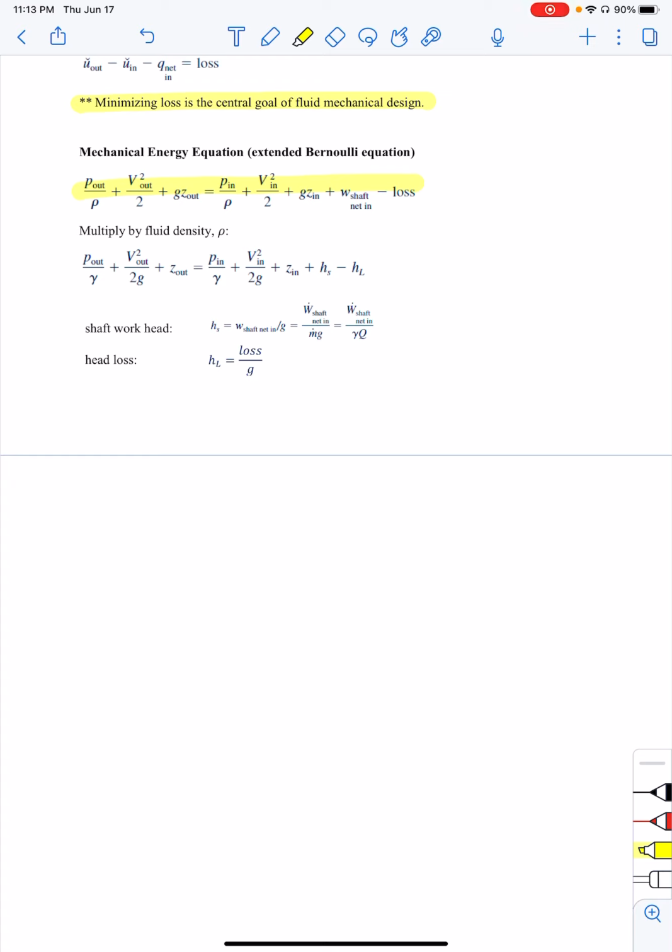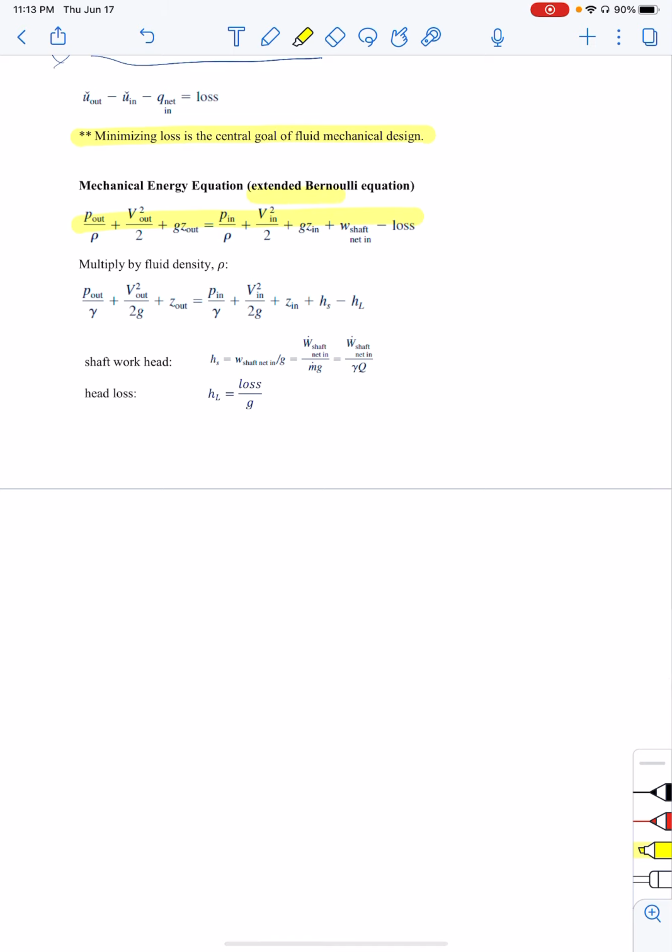This is a form of the energy equation for steady-in-the-mean flow that is often used for incompressible flow problems. It is sometimes also called the extended Bernoulli's equation because of these two extra terms right here.